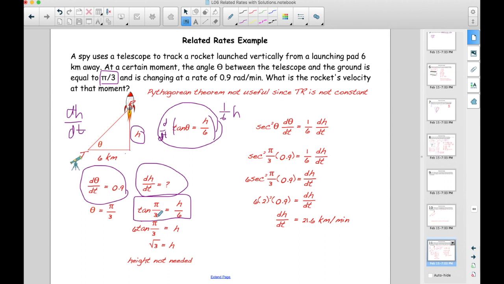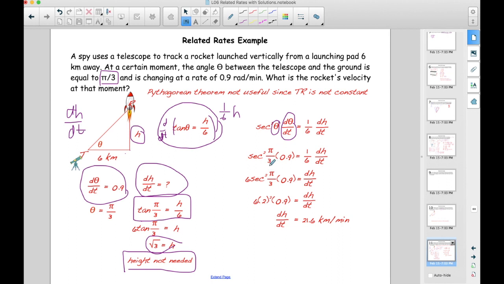That gives me 6 times tan of pi over 3 is h. That gives me root 3 as h. But again, the height was not needed because when I took the derivative with respect to time, the variable h was not sitting here. So the only thing we need in order to find dh by dt is theta and d theta by dt.